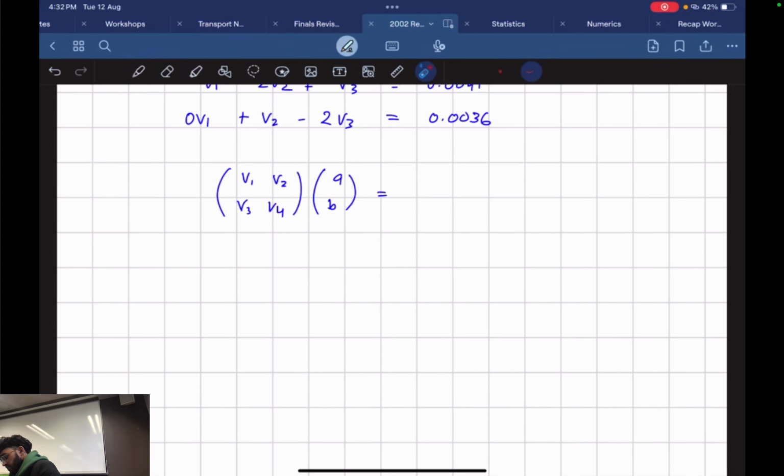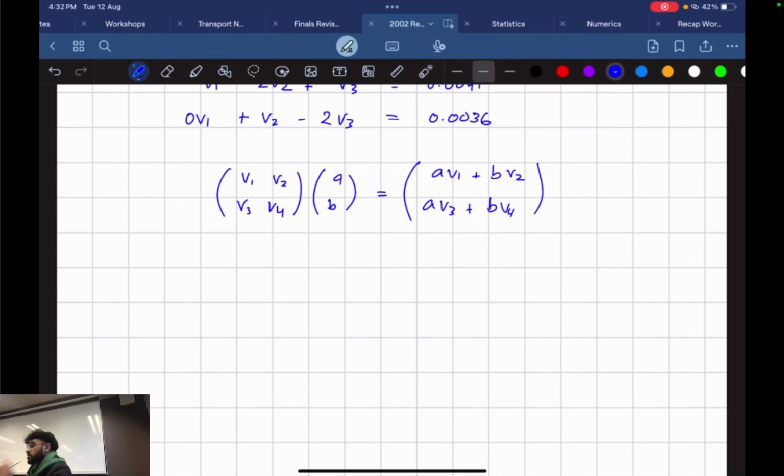To find the first row of our new matrix, we do the dot product of v1, v2 with a and b. So you get a v1 plus b v2, and you get a v3 plus b v4. I kind of skipped through that, but I'll explain it again.